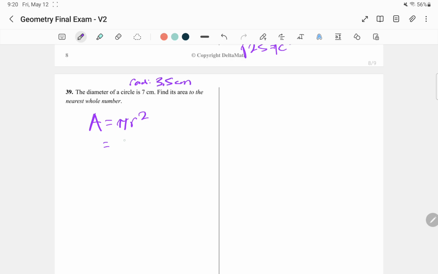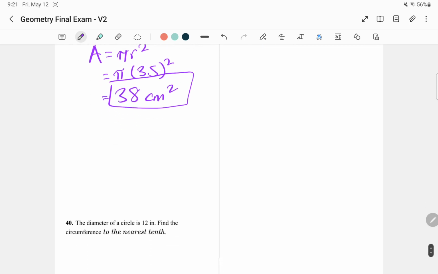So I'm going to write pi and plug in 3.5 for r. In my calculator I put in pi times 3.5 times 3.5 equals, and that gives us 38. It's the nearest whole number, so just 38 centimeters squared.